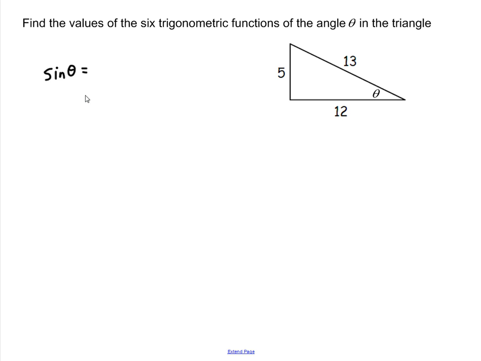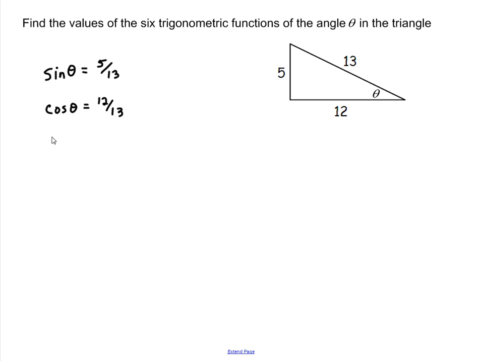So I would say that the sine of this angle theta was 5 over 13. That's what we used to find our side y in the first example that I gave. If I was interested in the cosine of the angle theta, I'm taking the ratio of my adjacent to my hypotenuse side, so I'm going to have 12 over 13 in this case.